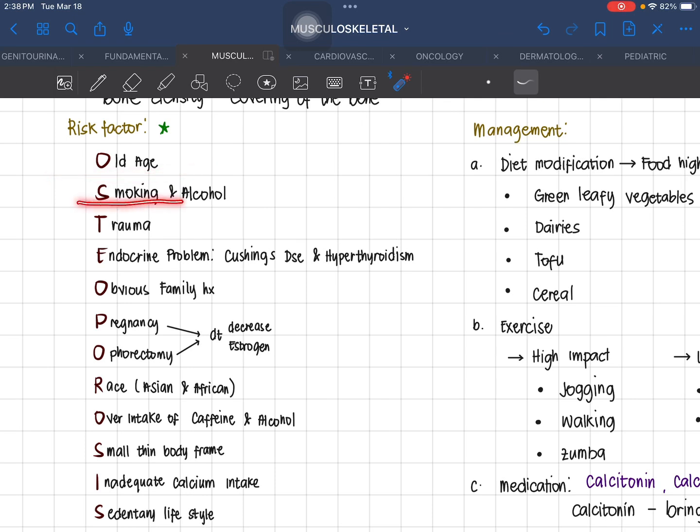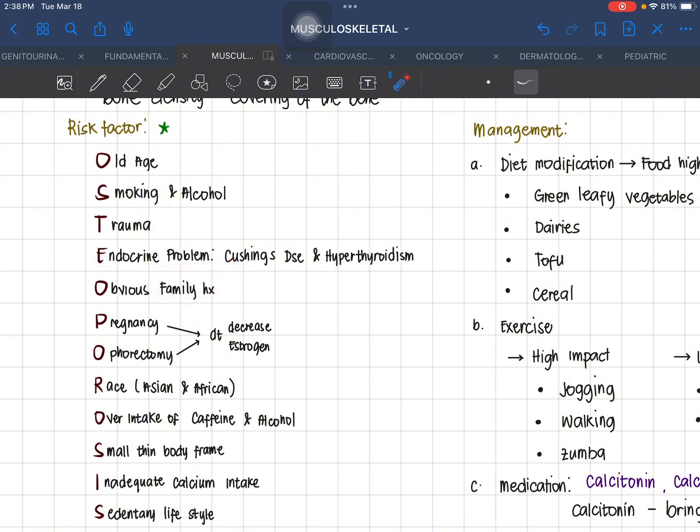S for smoking and alcohol, yung mga bisyo. T for trauma. E for endocrine problem, yung endocrine problems like Cushing's disease, hyperthyroidism. So, next is O for obvious family history.